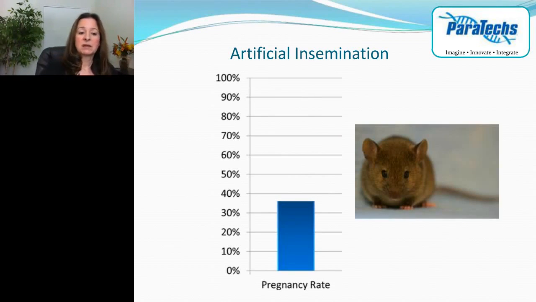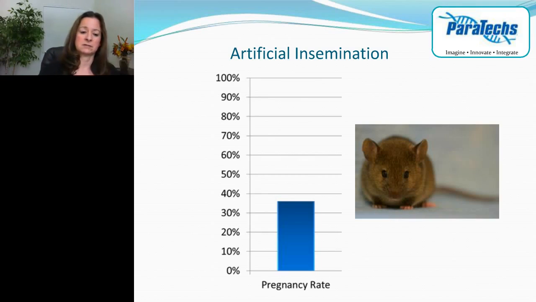We've also been able to successfully transfer sperm for artificial insemination with the NSET device. And so here I'm showing the pregnancy rate for this experiment was roughly 36%. And the picture on the right is a picture of one of the resulting pups from one of these experiments.